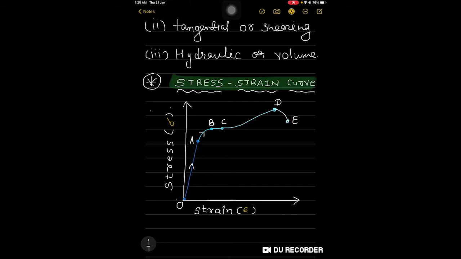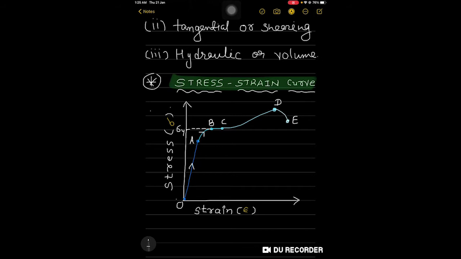At point B we found the yielding condition, which is explained as sigma y.